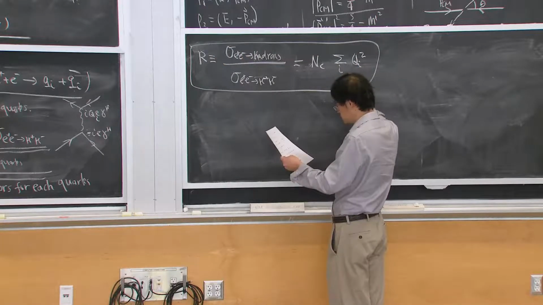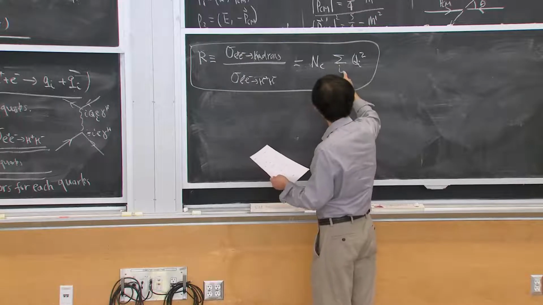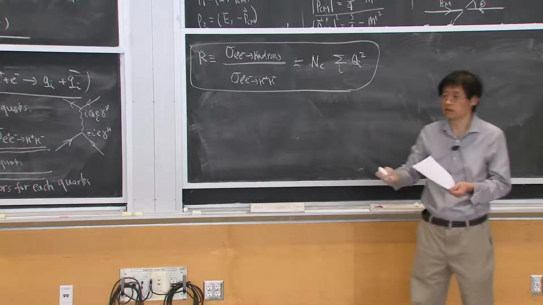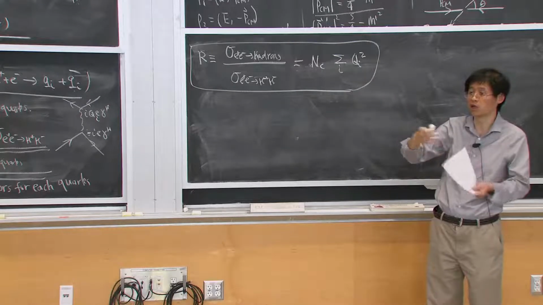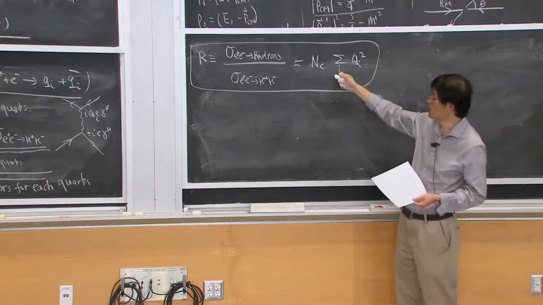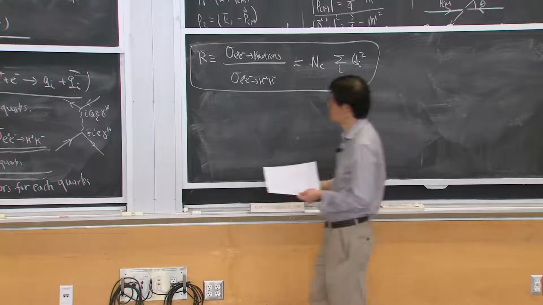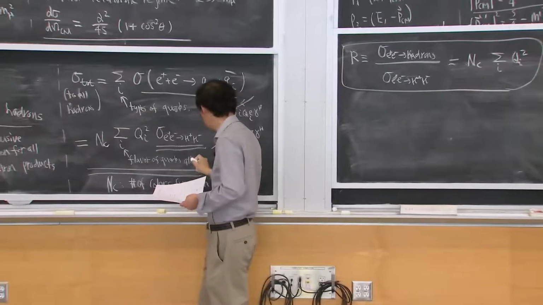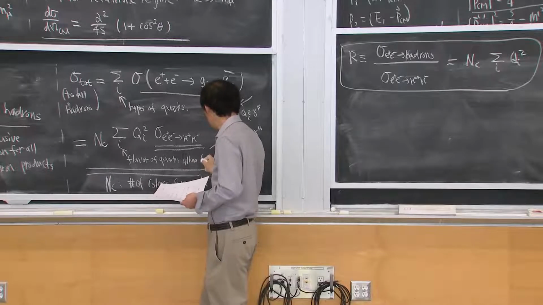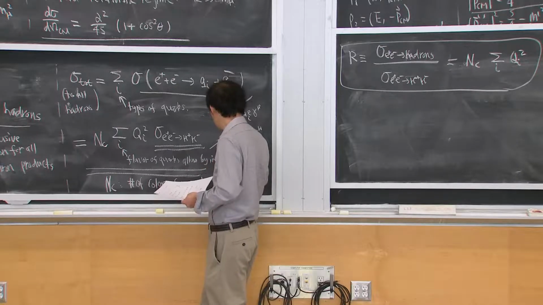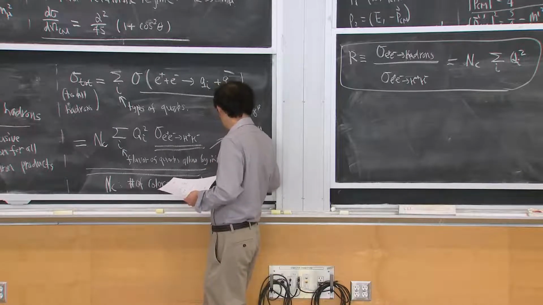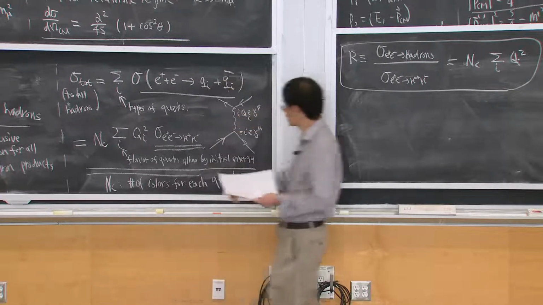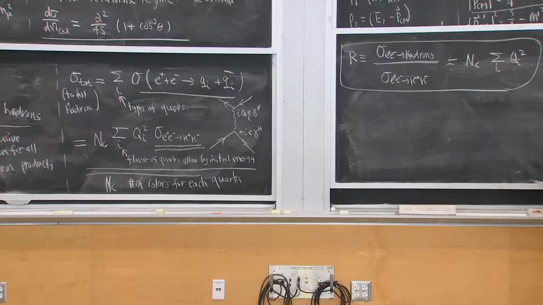Of course, you should only sum over i which are allowed by your energy. Those quarks which are too heavy will not be created by your initial energy, so you are not including them in the sum.